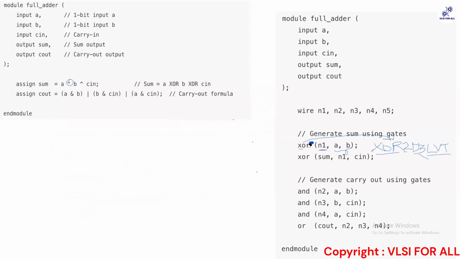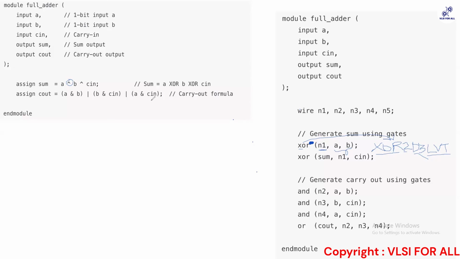So this is what you have mapped to your cell. Instead of these symbols, which were in a very high-level description language, you have now come down to a design where the tool knows which gate it is going to use. It is going to use an XOR gate. So the output of A and B XOR is stored in the wire N1.